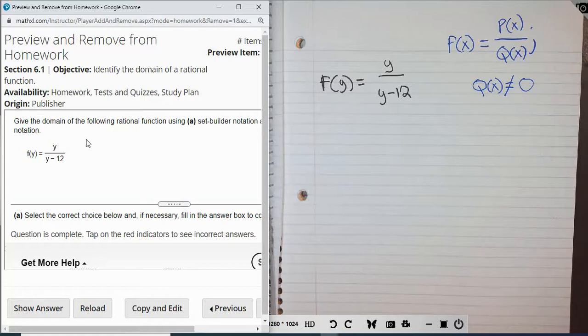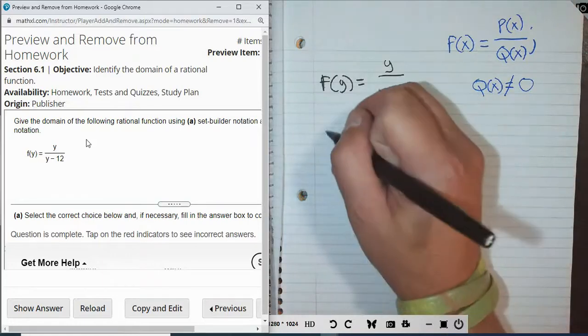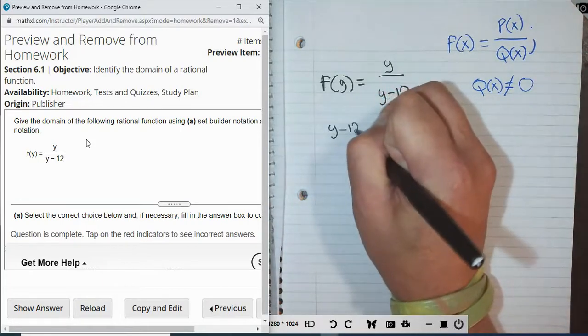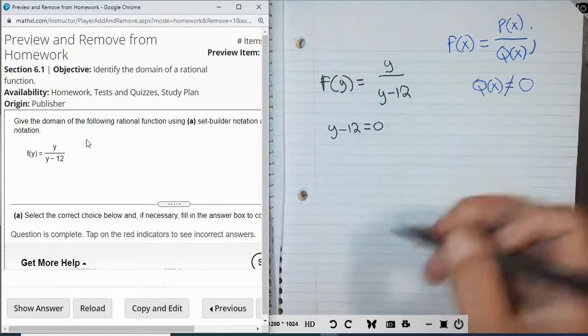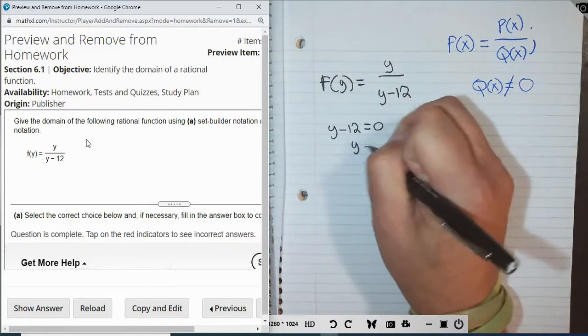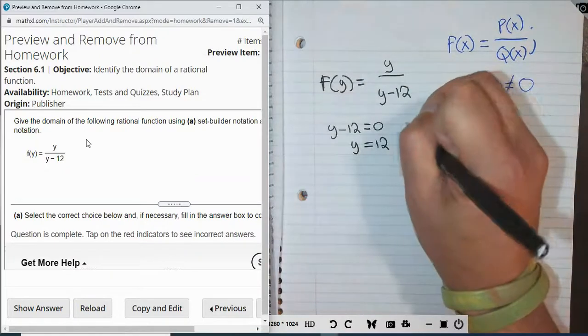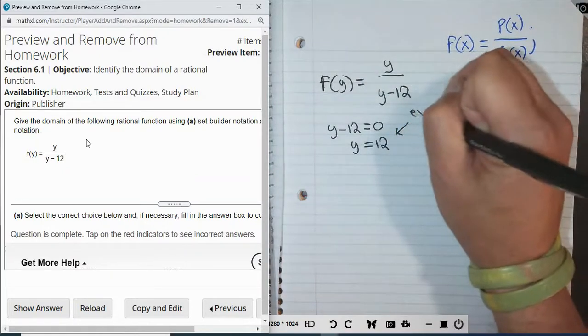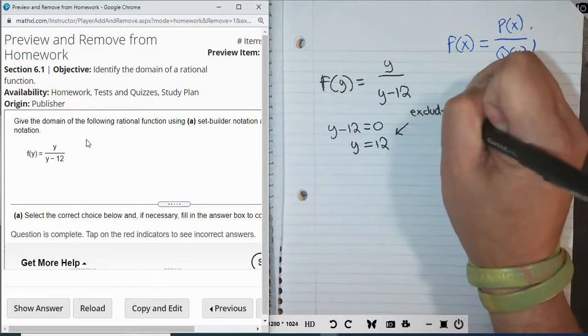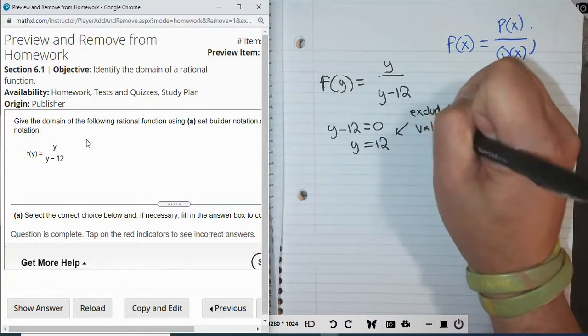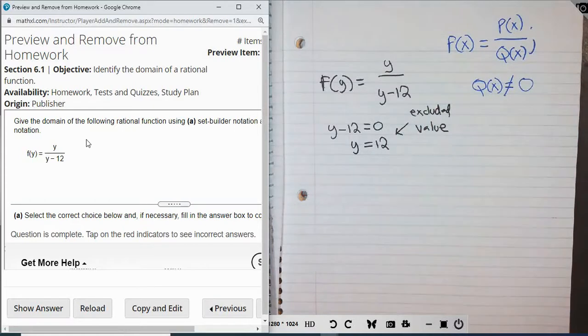Notice we've got y minus 12 in the denominator. Again, what we're looking for is anything that makes that denominator 0. So we can find that value very easily by setting our denominator equal to 0 and solving. So adding 12 to both sides, we get y equals 12. 12 is, in fact, our excluded value. All right.